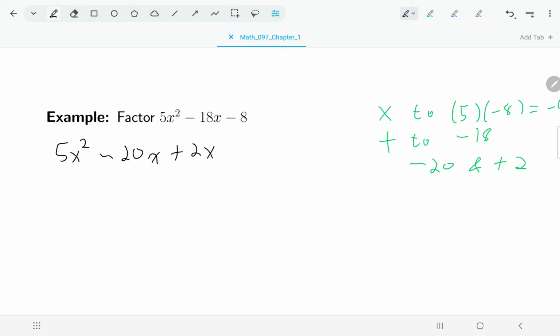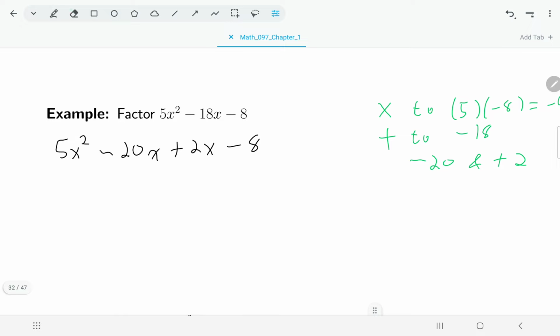But if I did it in the other order, I'd still get the same result, which is, since I found the two numbers correctly, then factoring by grouping is guaranteed to work. And so that means I should now, from the first two terms, take out a common factor. That would be a 5x, and that would leave me with x minus 4 left behind.